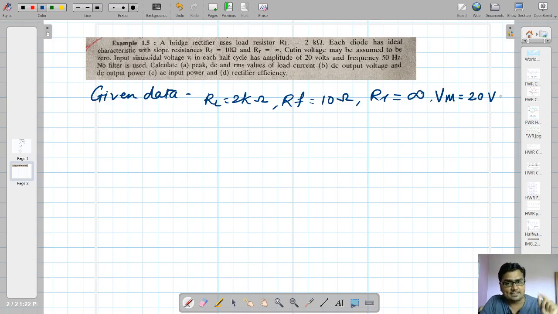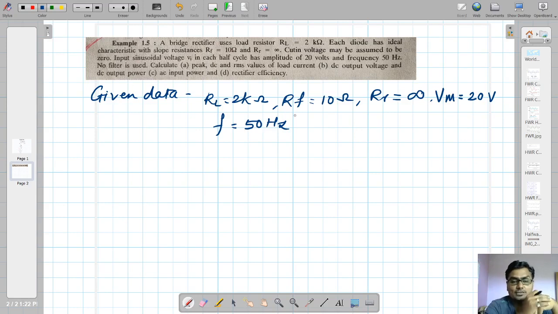In each half cycle, obviously they are the same, has an amplitude of 20 volt. That's why I'm writing Vm equal to 20 volt. And the frequency is 50 hertz. Let me write that frequency also: f equals 50 hertz. No filter is used. It means I'm in a rectifier without filter.